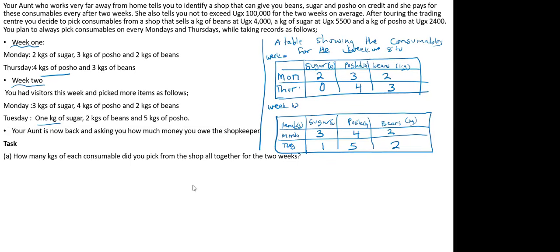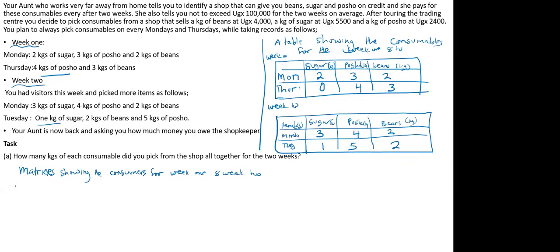So after that, okay, now after that, you are going to come and say, I've finished to summarize. Now you are going to come and write your matrices. So I will come and I say matrices showing the consumables for the 2 weeks, for week 1 and week 2.